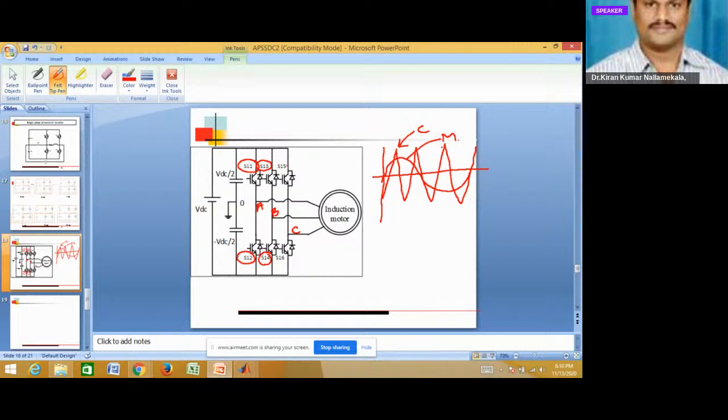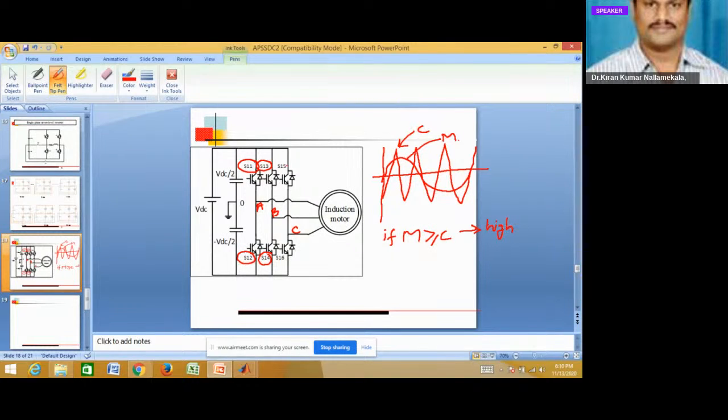These are very simple to generate, and we can give them to the A phase. To generate the gating signal from the modulating signal and carrier signal: if the modulating signal is greater than or equal to the carrier signal, the output should be high.